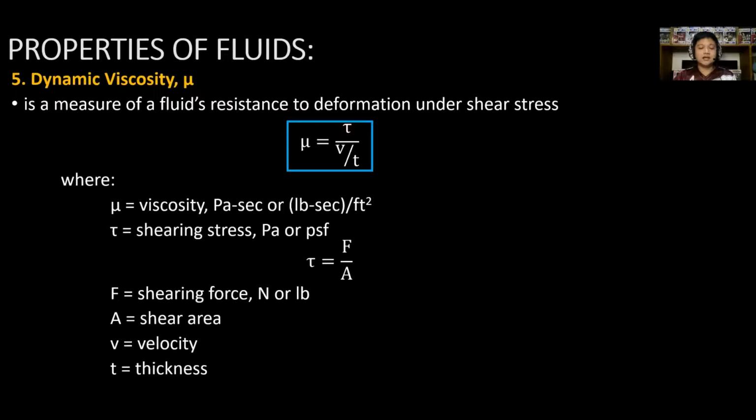Tau, on the other hand, is the shearing stress in Pascal or PSF. And shear stress, or tau, is equal to F, the shearing force, over A, the shear area. And the small v is equal to velocity, and small t is the thickness of the considered fluid.